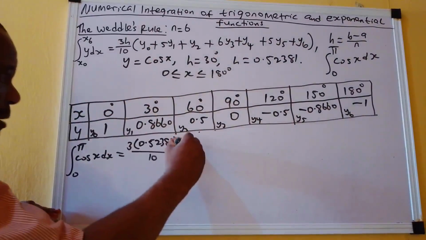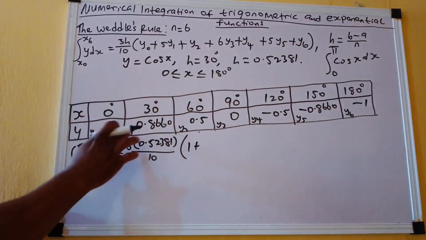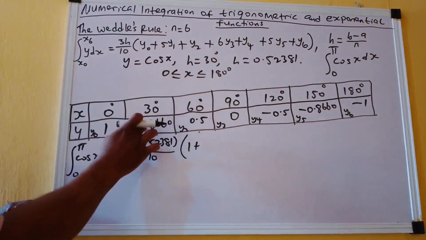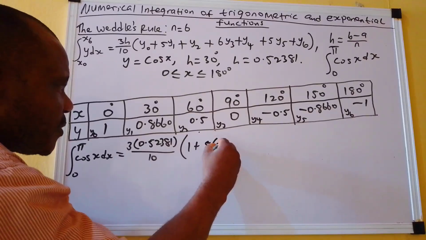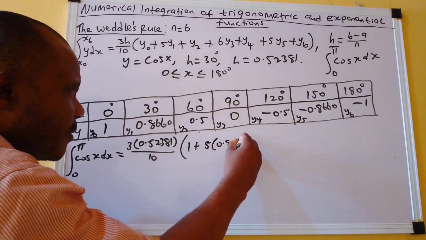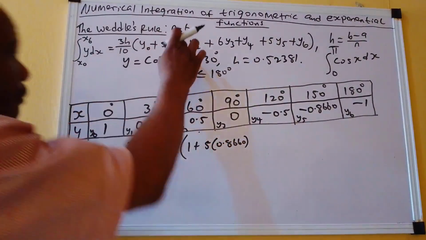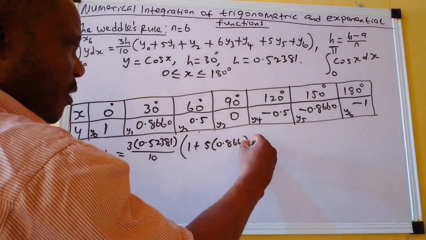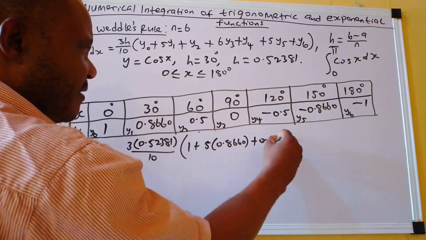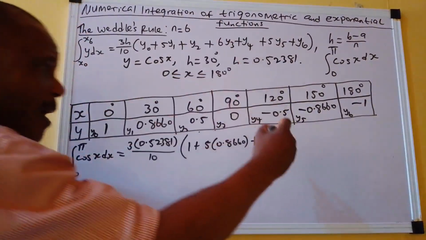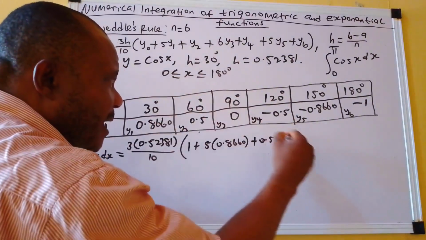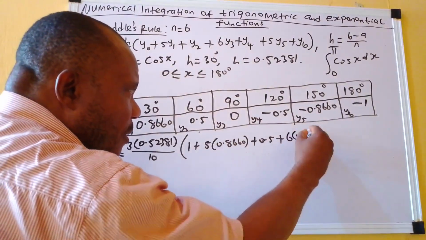So now what is our y0? Our y0 is 1, plus 5y1. Our y1 is 0.8660, so plus 5 into 0.8660. Then plus y2, our y2 is 0.5. Plus 6y3, our y3 is 0, so 6 into 0.